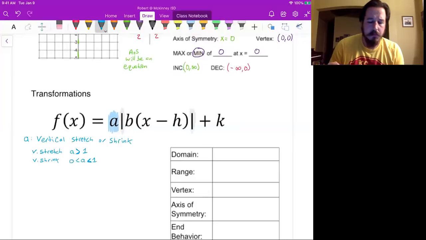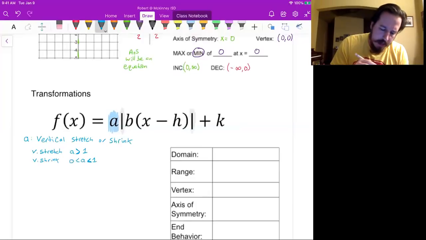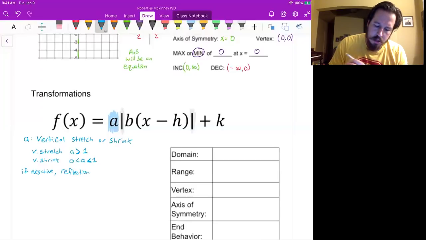Okay. There is another thing that A can have. If A is negative, that means that there was a reflection over the x-axis.